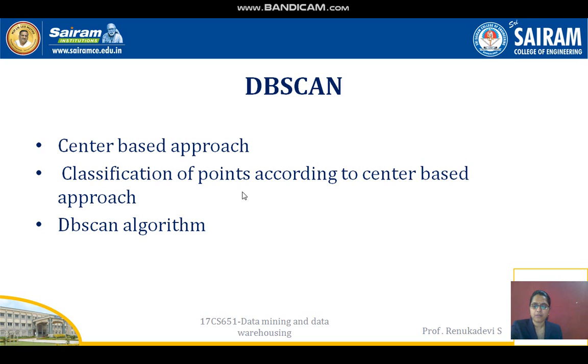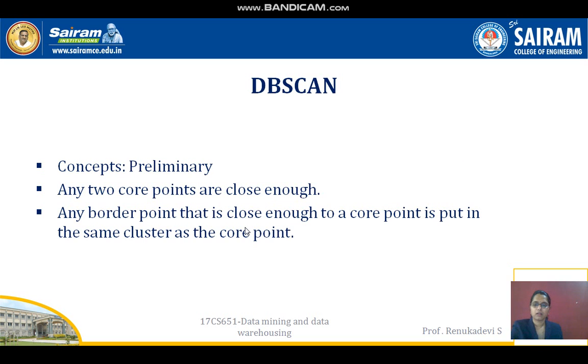The DBSCAN algorithm has several steps. First, it labels all points as core, border, or noise, and it eliminates the noise points. Where the noise points are, it will eliminate them, and we will also calculate where the edge will be.